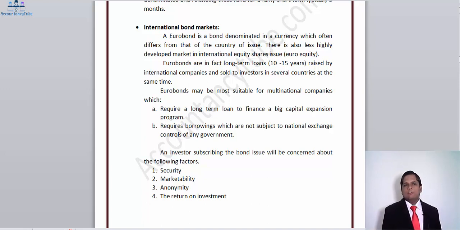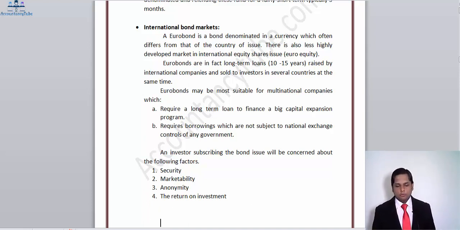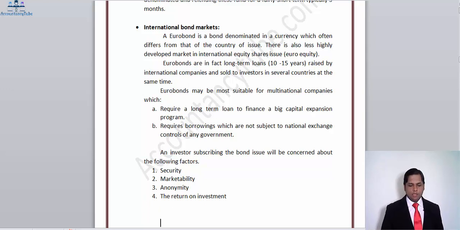Since Eurobonds are not issued to any one specific country, no law of any specific country can affect them. There are no regulations in most countries across the world about Eurobonds, so they are not regulated by the government.